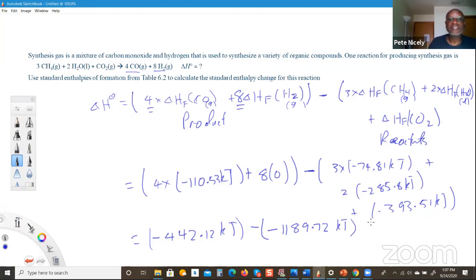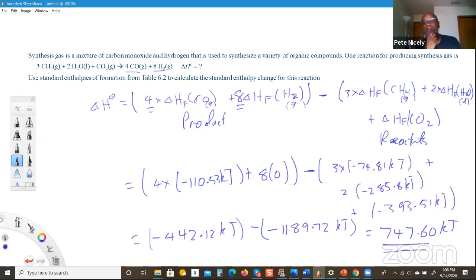So let me do that here. 442.12. Okay, so the answer I got, and I have to round this off to 2 decimal places, is going to be 747.60 kilojoules. And that's basically how that is done.